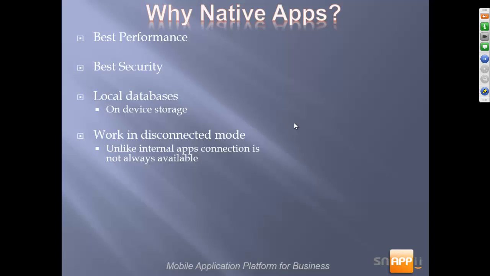And while network speeds are getting better and more reliable, it's certainly not universal, right? So really think about who's using the app and where they are using it. Are they going to always have a reliable network connection? And if not, then you really need to design your app with that in mind.